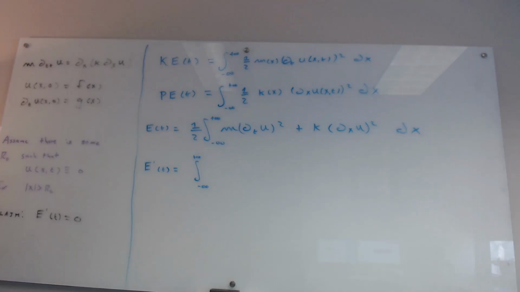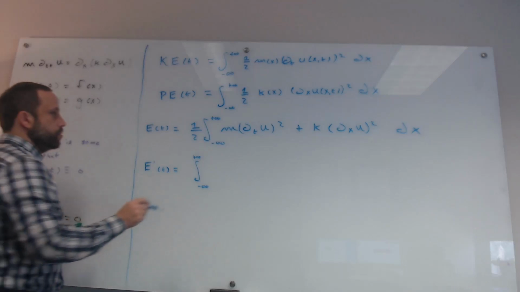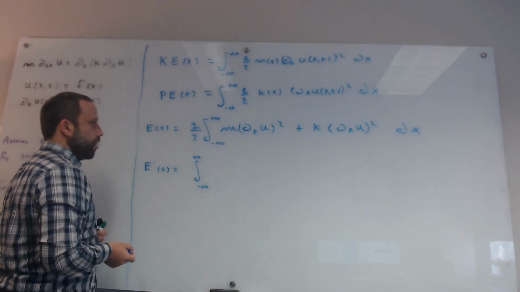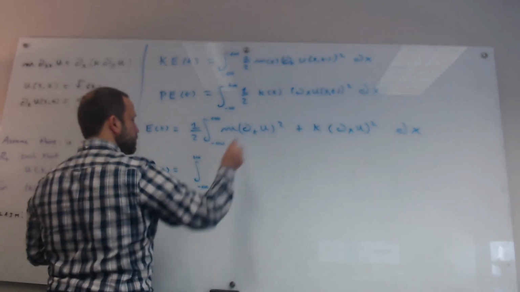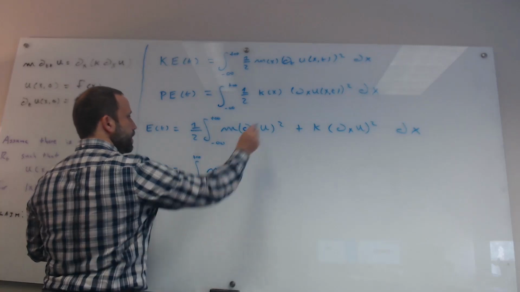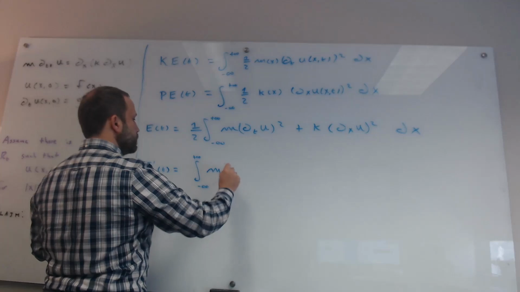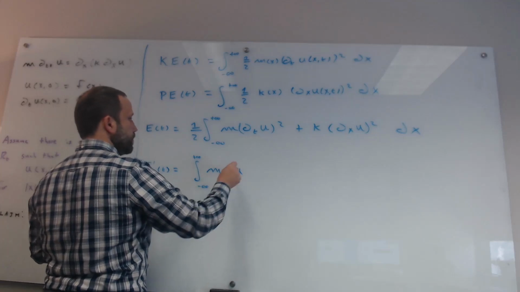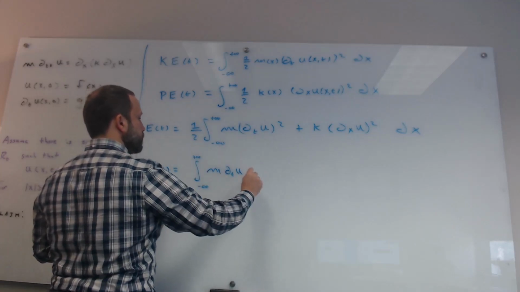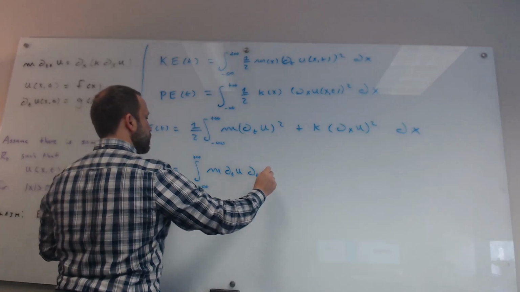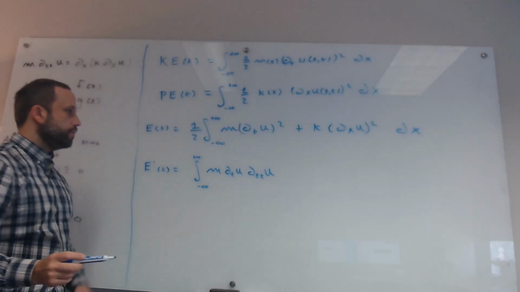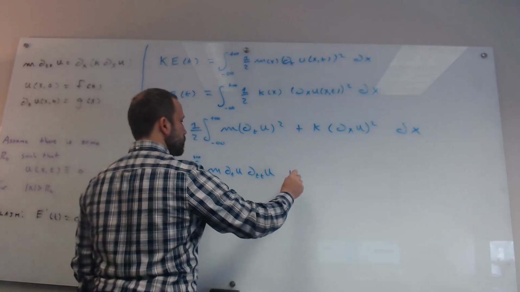Remember, m and k both depend on x, but they do not depend on t. So m is a constant as far as t is concerned, so I've got to look at this part right here. It's going to be 2 times that 1/2, so that's going to go away, times the t derivative of u, and now I need to take the derivative of the inside, and that's going to give me the double t derivative.